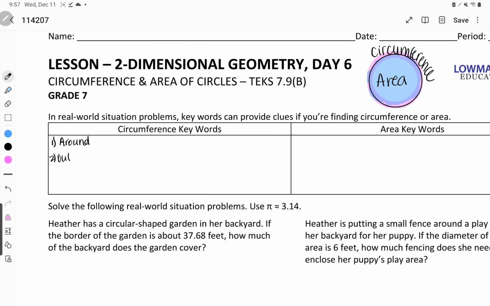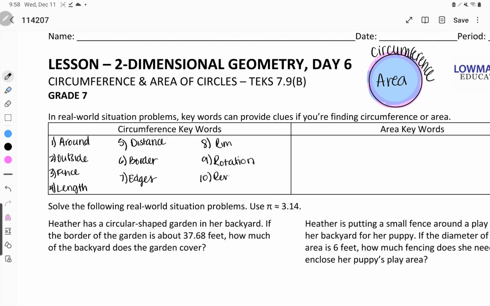You've got outside, fence, length, distance, border, edges, rim, rotation, revolution, and trim.